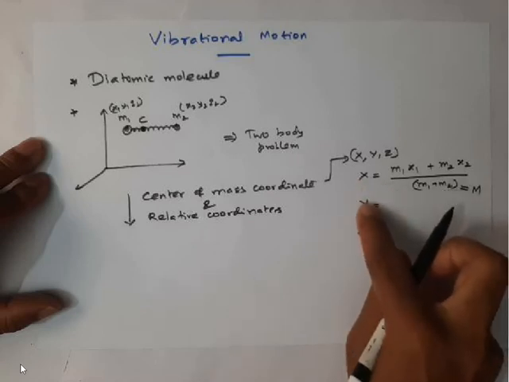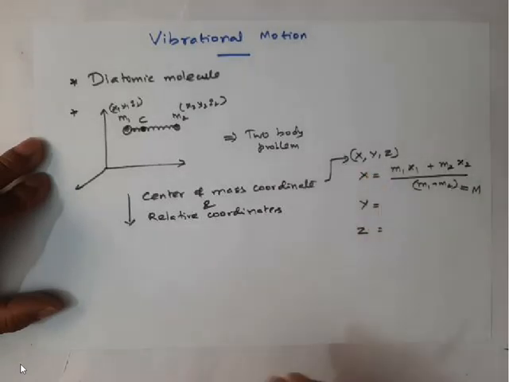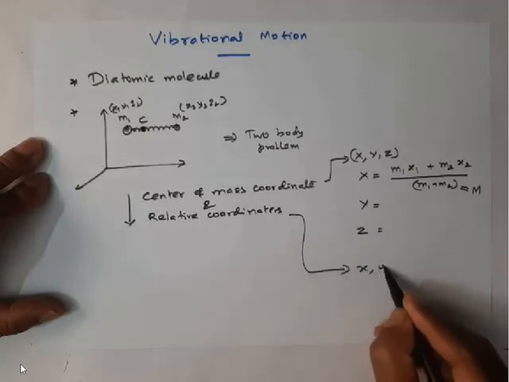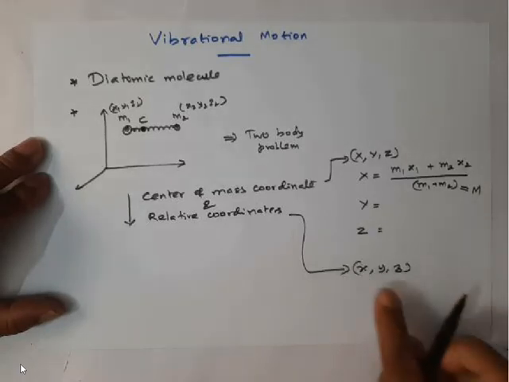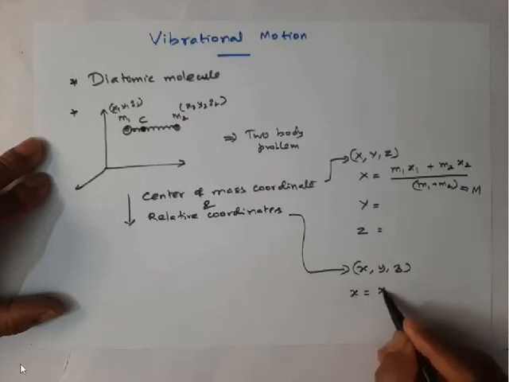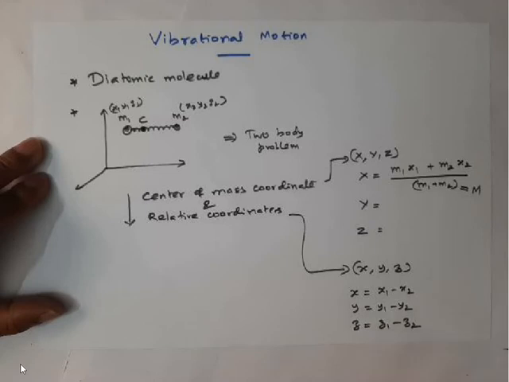This capital X, capital Y, capital Z represent center of mass coordinates. Similarly, we can also define relative coordinates. The relative coordinate is expressed as x, y, z, where x is equal to x1 minus x2, y equal to y1 minus y2 and z equal to z1 minus z2.